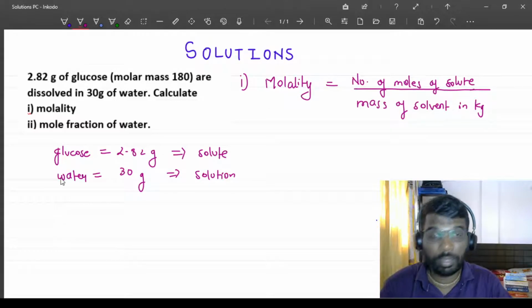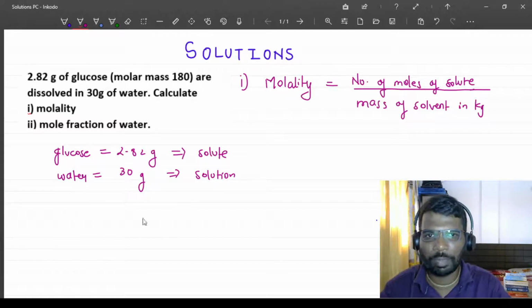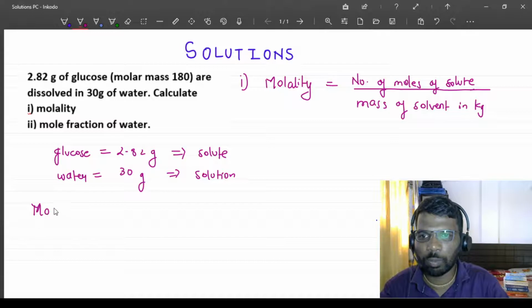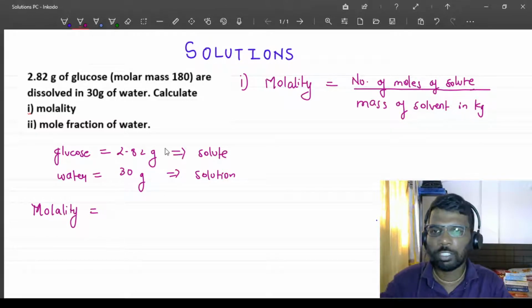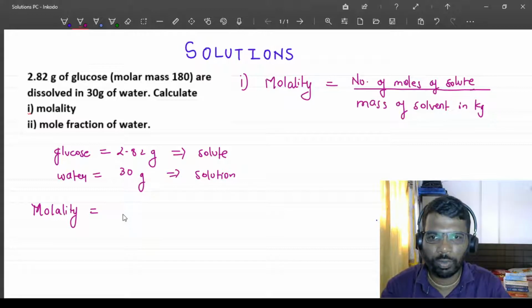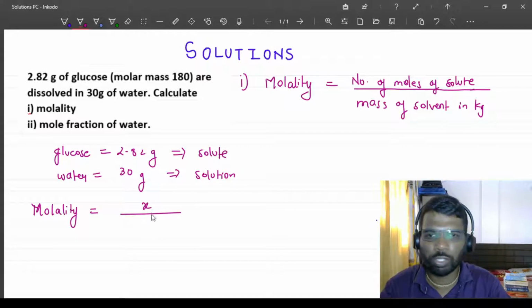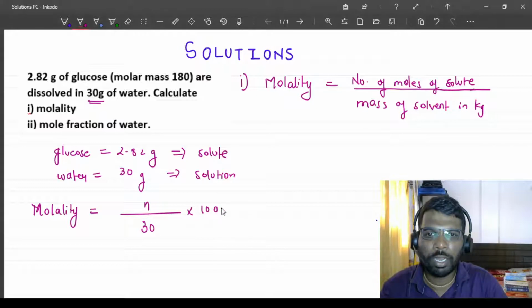In the NCERT textbook it may be given like this: molality is equal to, first we need to find the number of moles of solute. Let's say I am getting some x moles of solute, written as small n, and the mass of solvent, as it is given in grams, you write 30 and then multiply it by 1000.